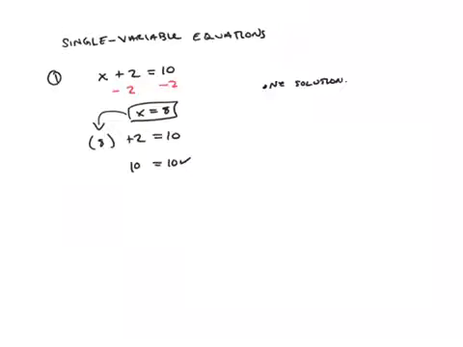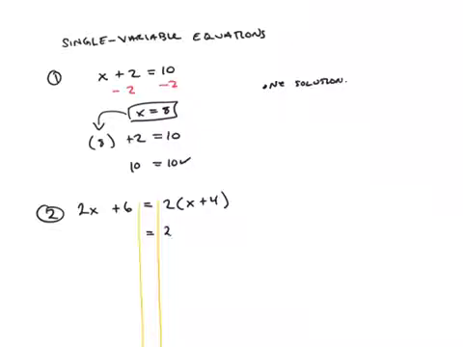But there's another situation that we ran into. For example, let's take the example of 2x plus 6 is equal to 2 times the quantity x plus 4. Now if I want to go about solving this equation, I might draw my little golden road. And I might think to myself, the first thing I'll do is distribute on the right hand side to get 2 times x plus 2 times 4, which is 8.